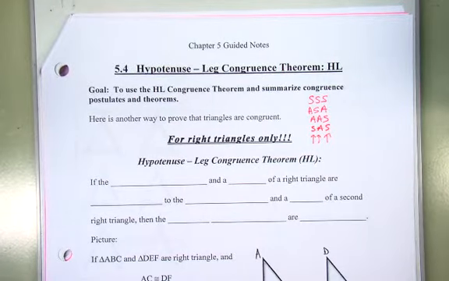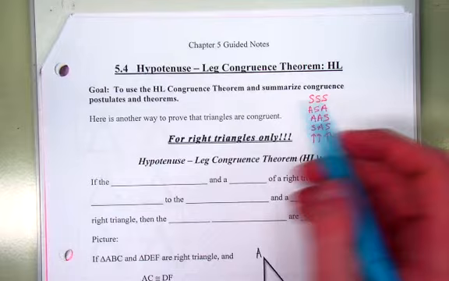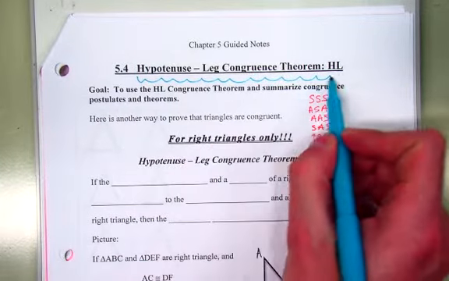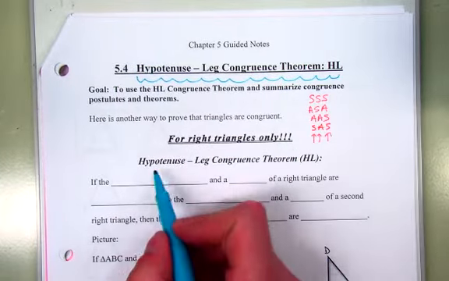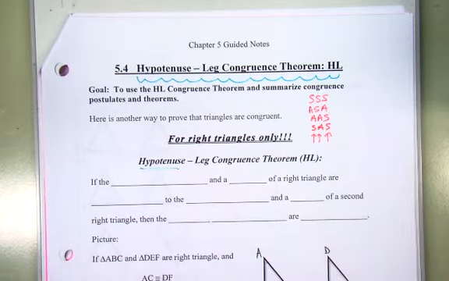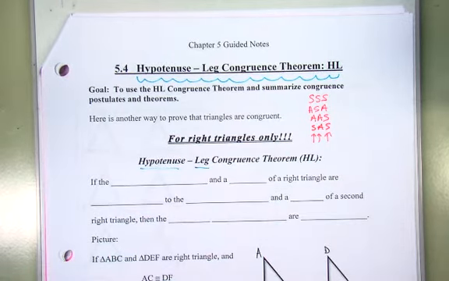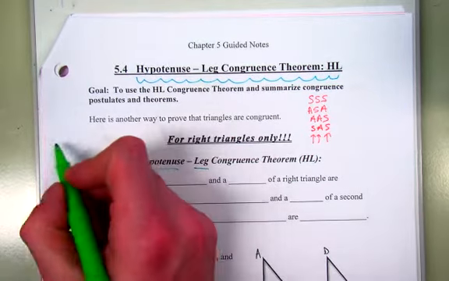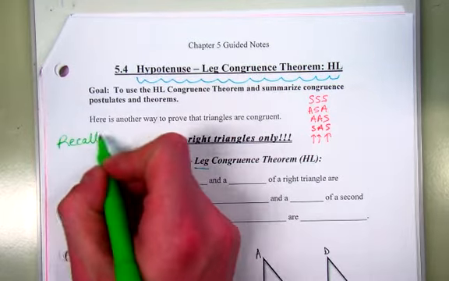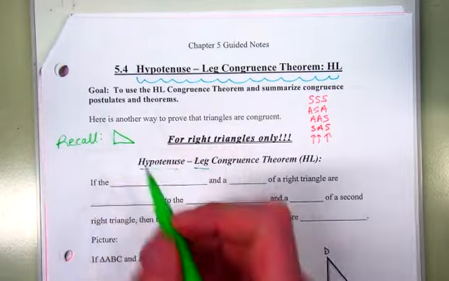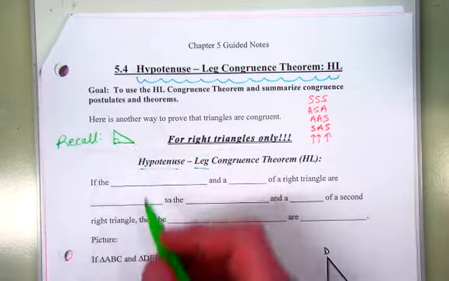Well, today we're gonna learn a new rule called the hypotenuse leg congruence theorem. And as you might guess, we're gonna need to know a hypotenuse and a leg. And again, if you recall, right triangles are the only kind of triangle with a hypotenuse.